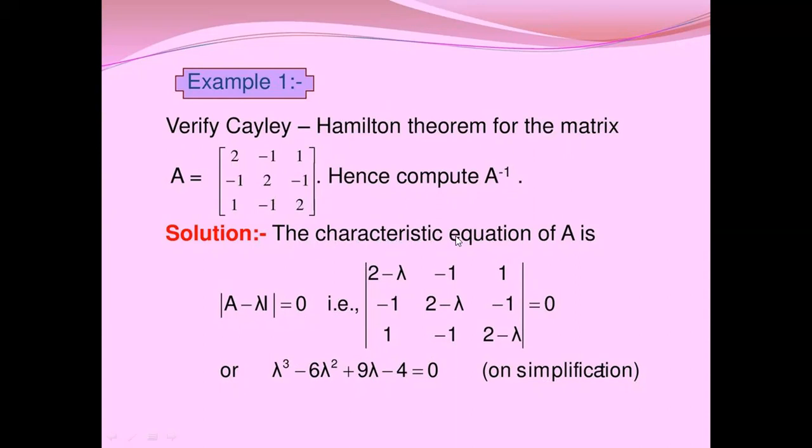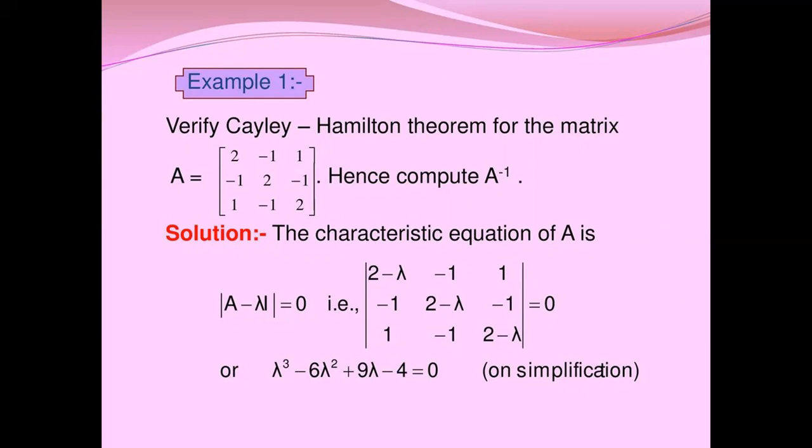The characteristic equation of A is determinant of A minus lambda I equal to 0, wherein we have to subtract lambda from the principal diagonal elements. We get the determinant of 2 minus lambda, -1, 1; -1, 2 minus lambda, -1; 1, -1, 2 minus lambda, equal to 0.